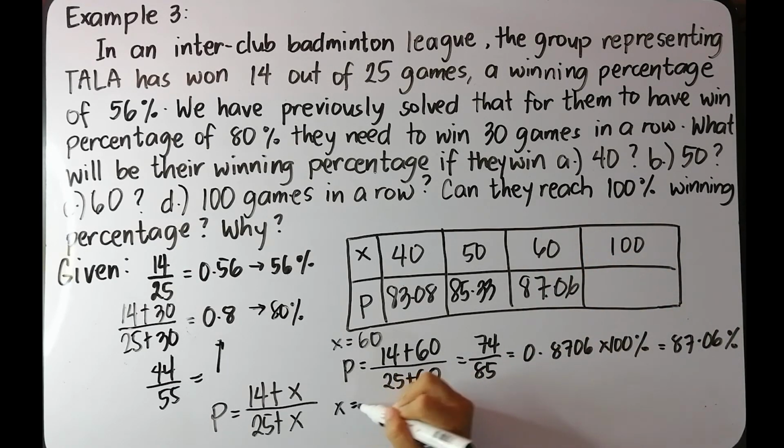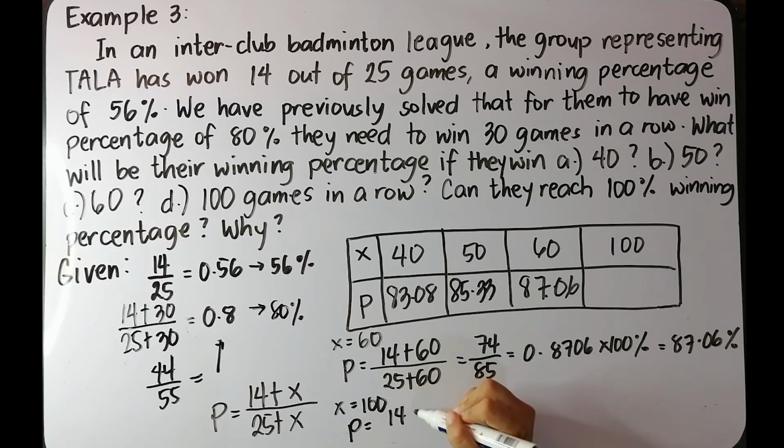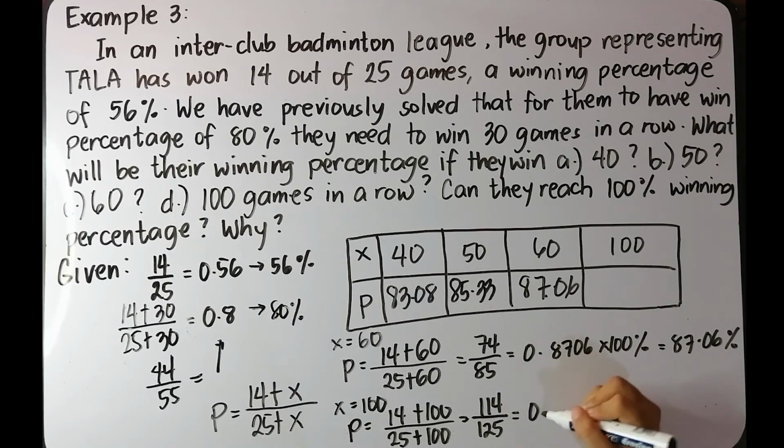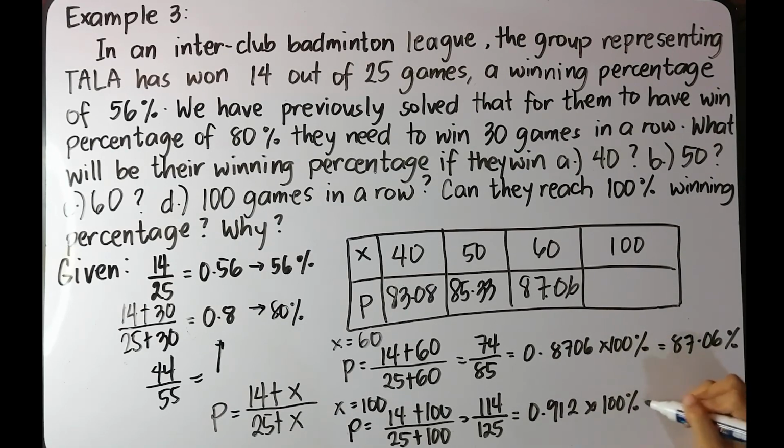Next, for X equal to 100 games in a row, we have P equals 14 plus 100 over 25 plus 100, equals 114 over 125, which is 0.912 times 100%, we have 91.20%.